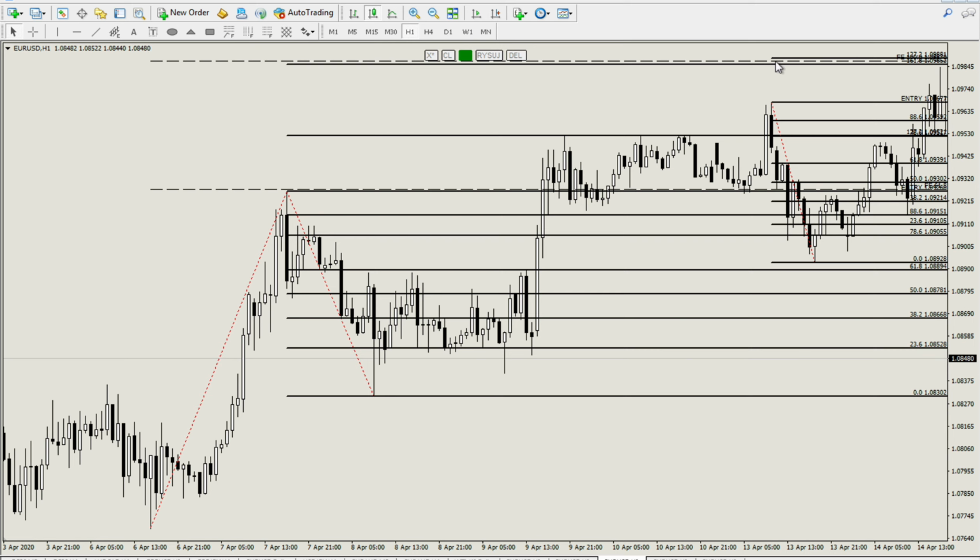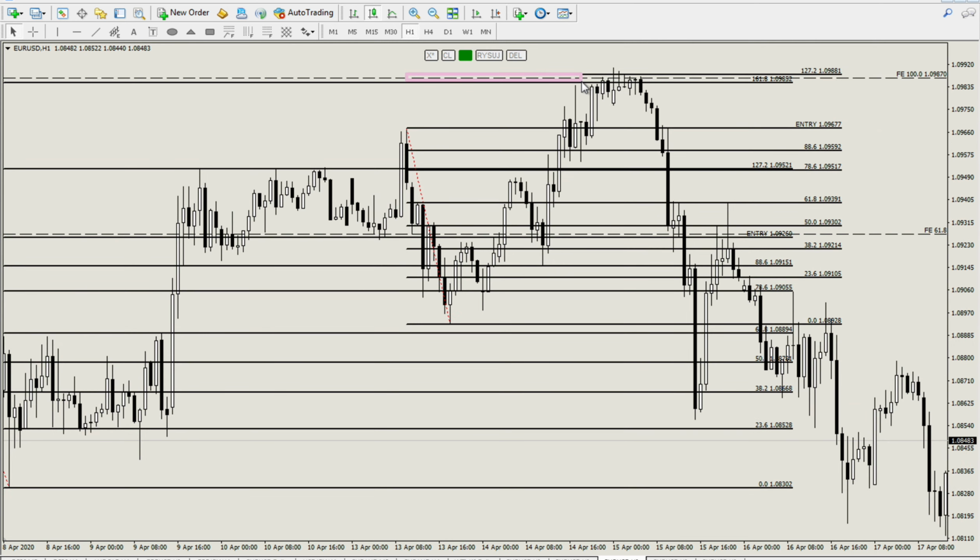So we have a massive, very strong cluster at this point, which we can mark like this. So this is our cluster.